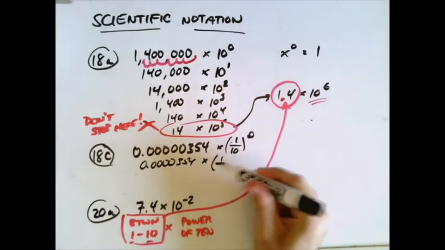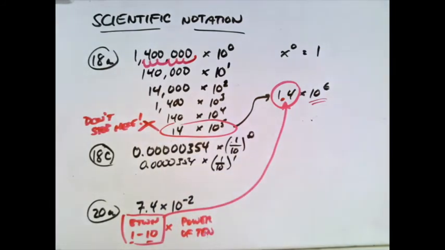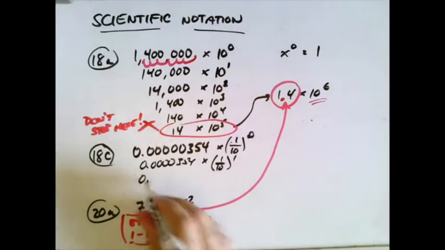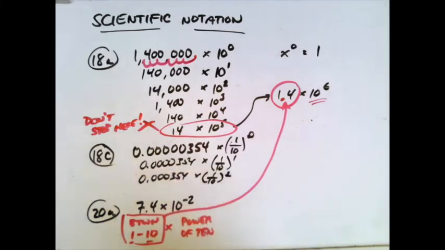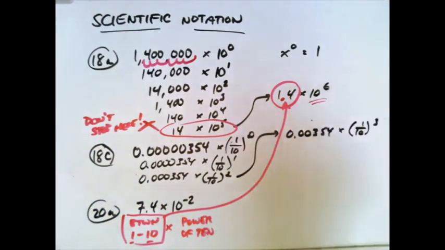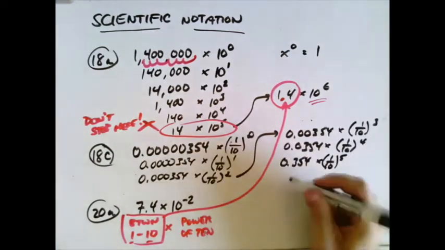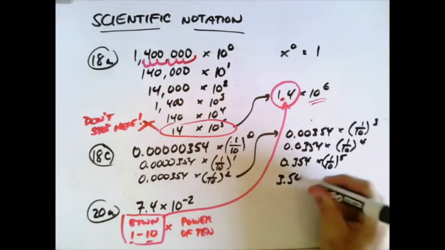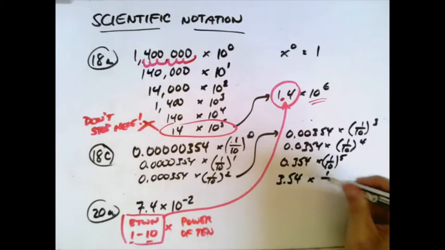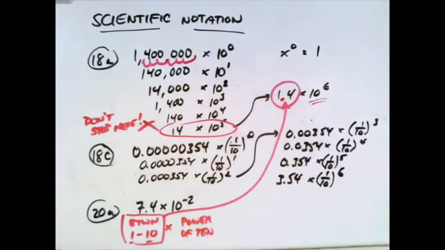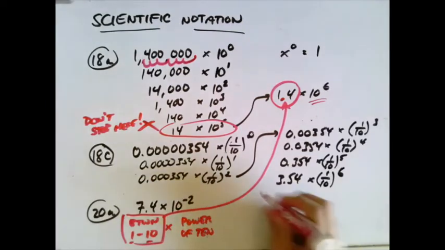This becomes 1/10 to the 1. If I get rid of another 0, and lastly, 3.54 times 1/10 to the 6th. Okay, so notice I've gotten my condition met again.